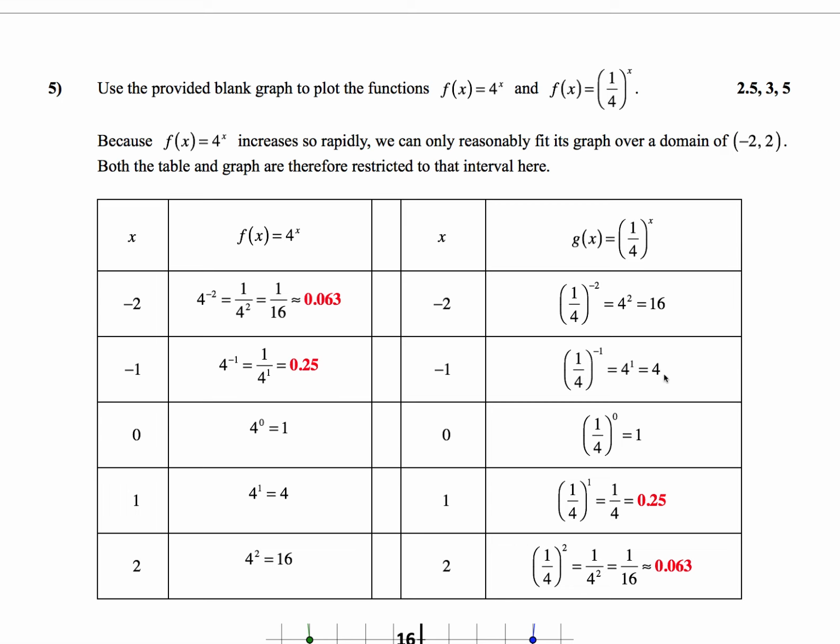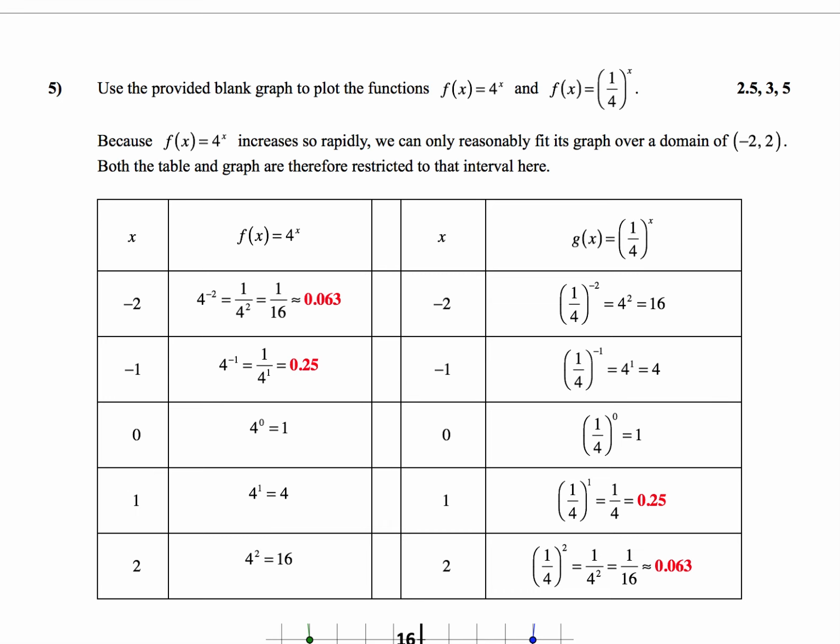And of course anything raised to the 0 power is 1. 1/4 to the first is 1/4, which is 0.25. And 1/4 squared is 1 squared over 4 squared, which is 1 over 16, that 0.063 value that we saw over here.